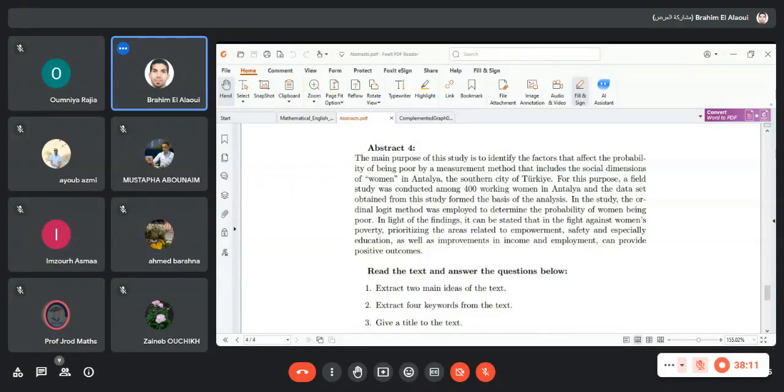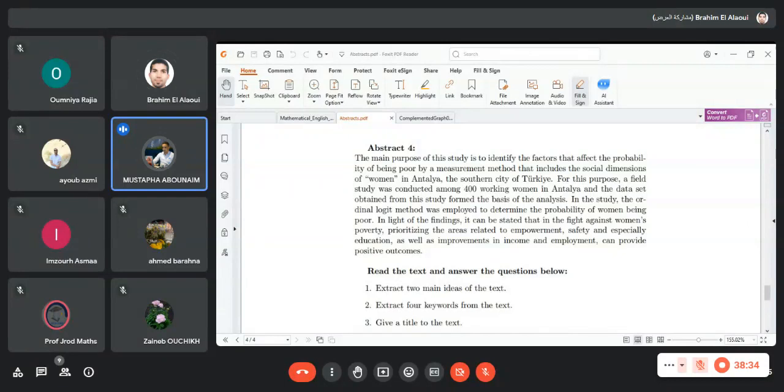Yes, teacher. For the first question, I have two ideas. The first one: the study aims to determine the factors that affect the probability of being poor by using the ordinal logit method in Antalya, Turkey. Yes.